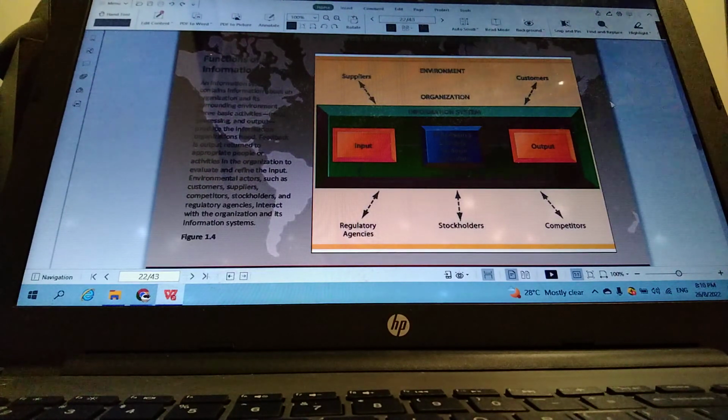As you can see in the next slide, functions of information system. Function of information system, as what we have seen or discussed earlier, has three main activities: input, processing and output, and then there is a feedback from the output into the input for further improvement.